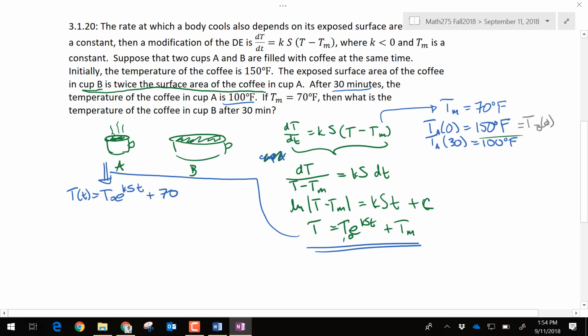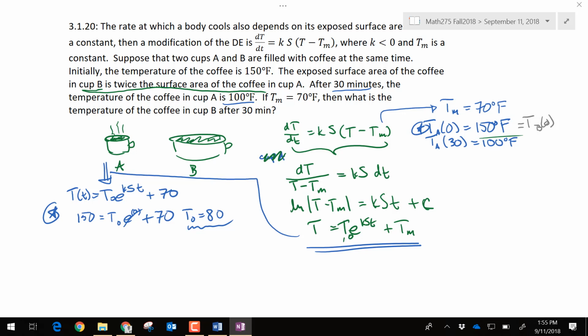And then we'll put in the initial condition that says when little t is equal to 0, capital T is equal to 150. So really, it doesn't matter what K is or S is. That's going to disappear. And then this is just equal to 1. And then T sub 0 is equal to what? It's 80, right?